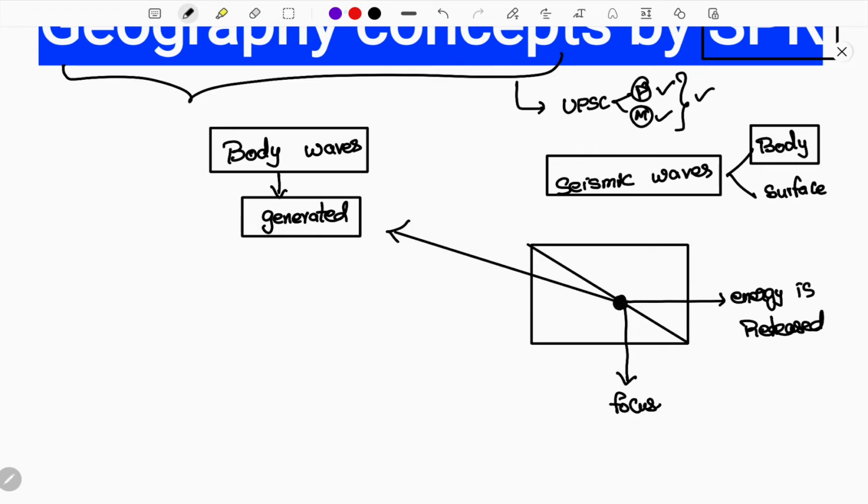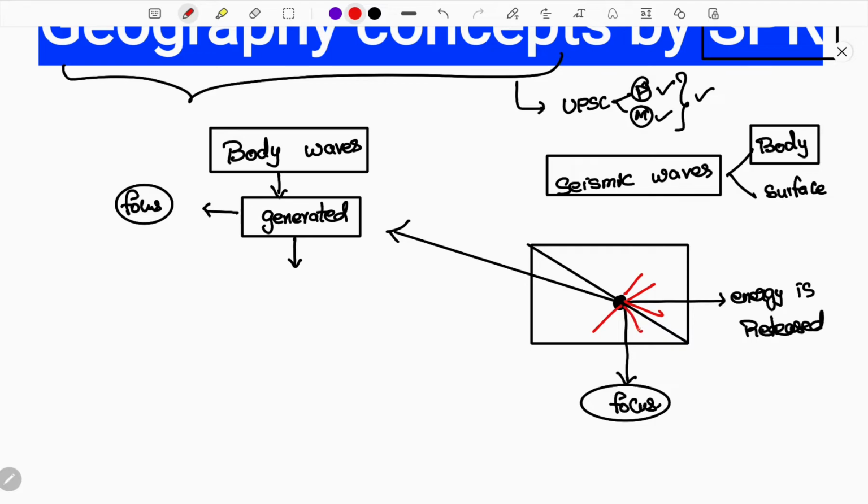So now your answer is clear. Where are the P waves generated? It is from the source, that is the focus. If any question arises in prelims about where these body waves originate, the answer is none other than the focus. From the focus, when energy is released, these body waves are generated. After the generation, what do these body waves do? They travel in all directions.